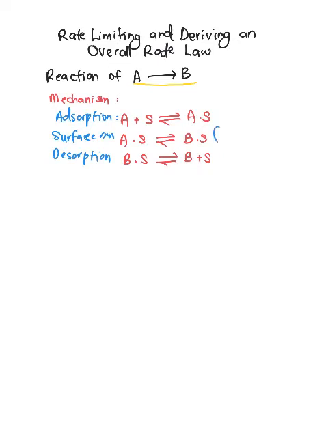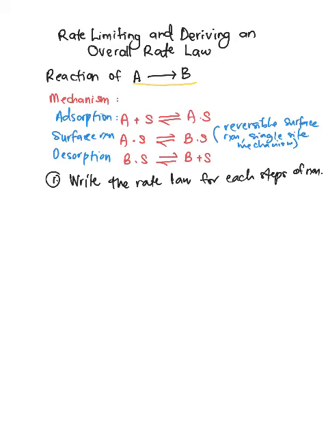So you can write here: reversible surface reaction, and single site mechanism. This is the clue on how we can derive the overall rate law equation later.